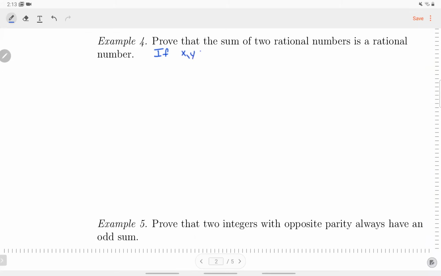So x and y are rational numbers. Then x plus y is a rational number. So I need to assume x and y are rational. And I need to show x plus y is rational. So that's my goal.